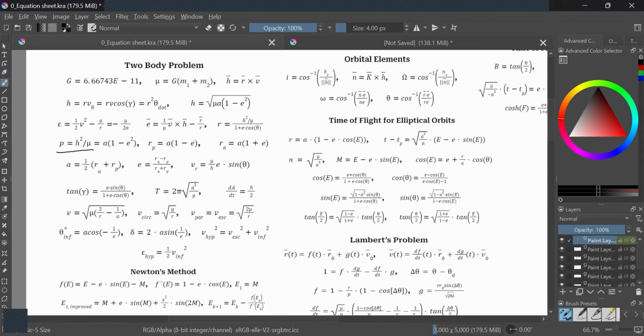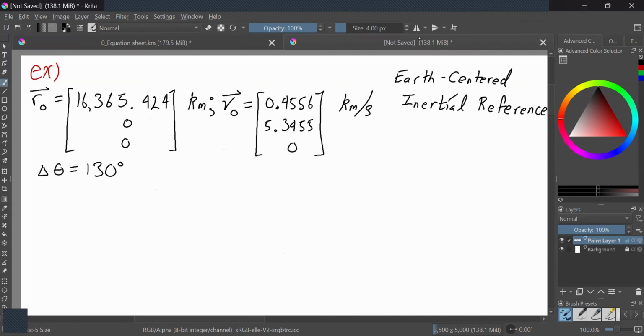H, however, can be found here. So we need our radius and the tangential velocity. Because we have our radius confined to a single dimension, it is only in the x dimension, we only need to worry about the velocity in the y and z dimension.